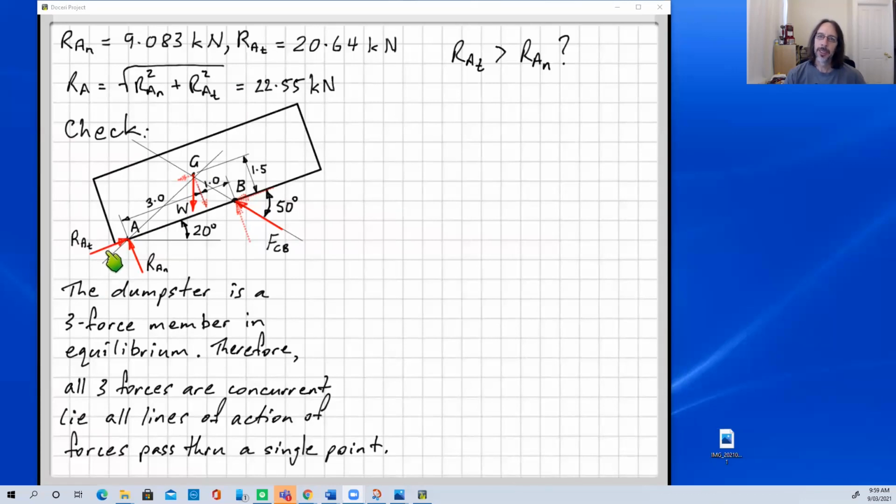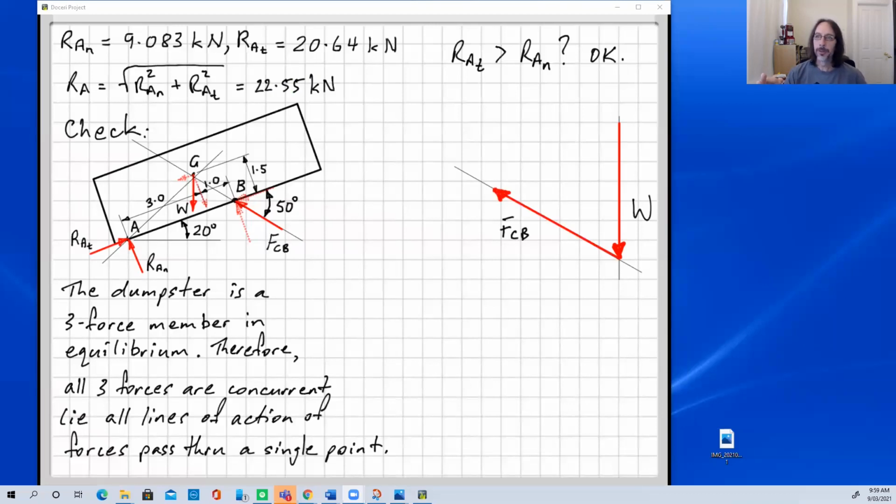This angle here is smaller than the angle on this side, so our component RAT must be greater than the component RAN. That gives us a quick little check to see that we've got this not wrong. This check is not going to tell you that you've got it right, but hopefully it will identify whether you got something wrong somewhere. So you might have had sine and cos the wrong way around, or you might have used a wrong angle, whatever.